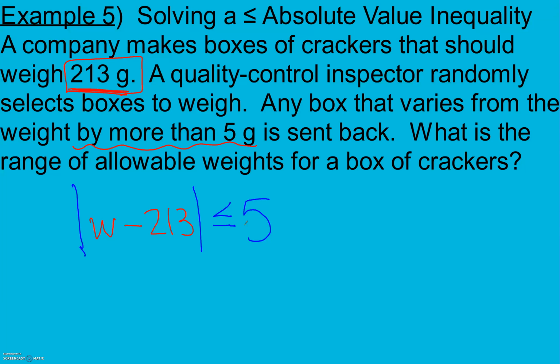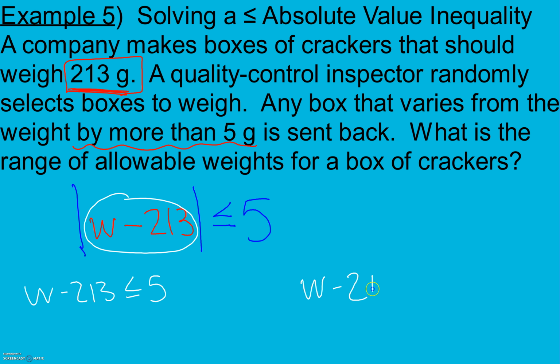So to solve this, to find that allowable range, as long as the only thing we have on this side of our inequality is absolute value, we take whatever's inside, with how it's written, less than or equal to 5, and we take whatever's inside greater than or equal to negative 5.